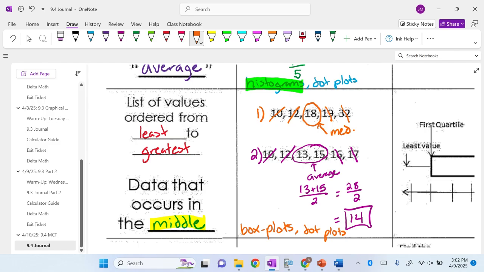Now, when we talk about outliers and spread and how our data is skewed, there is a relationship between the mean and the median of a set of data and how our data is distributed. But we will get more into that when I come back. But again, the biggest graphical representation you will see median with is box plots as its center.